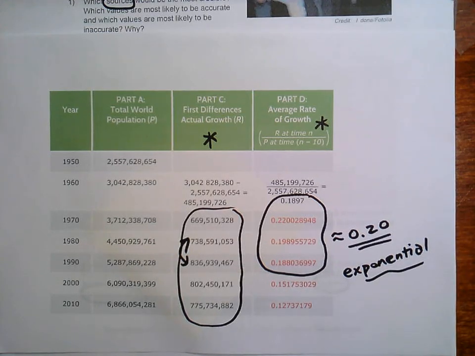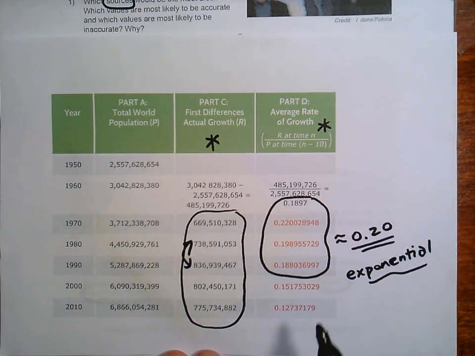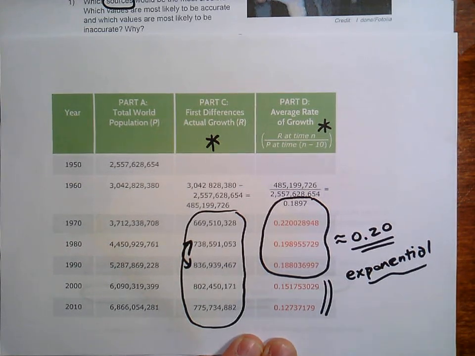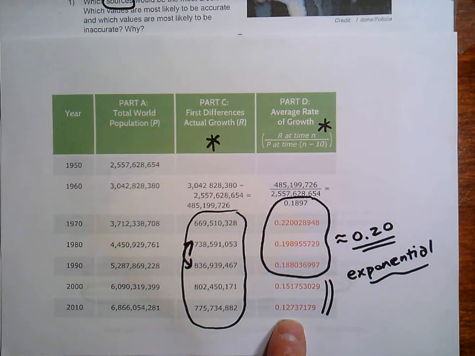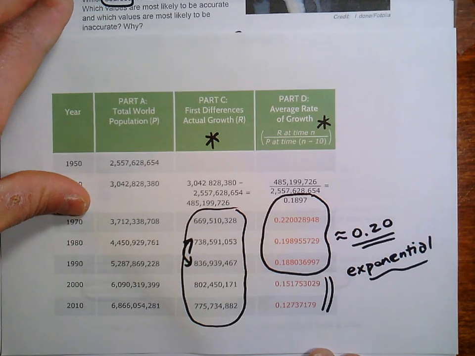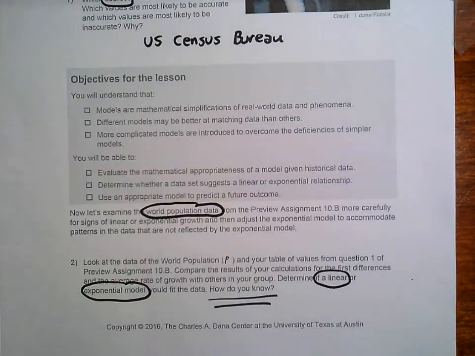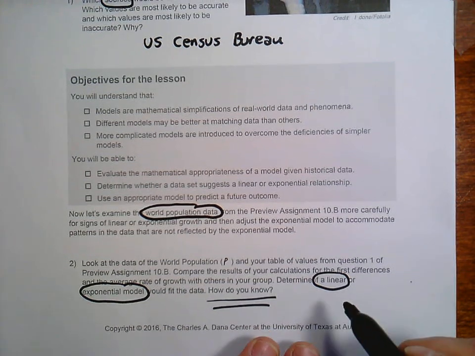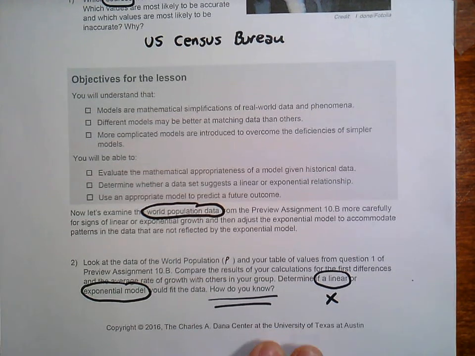To answer this question, we're not seeing this be perfectly constant because it tapers off a little bit here. It drops a little bit, and that's because these numbers are getting closer. I think that answers that question. We can definitely say for the world population growth, it is definitely not linear.